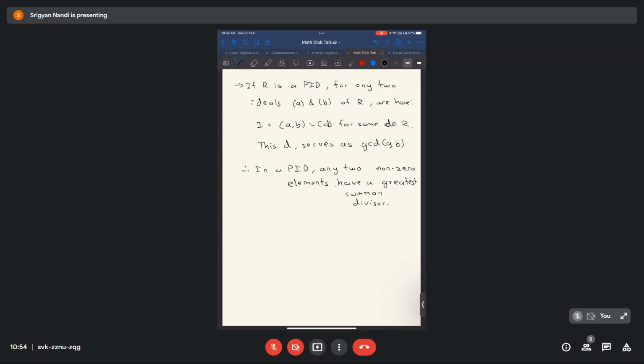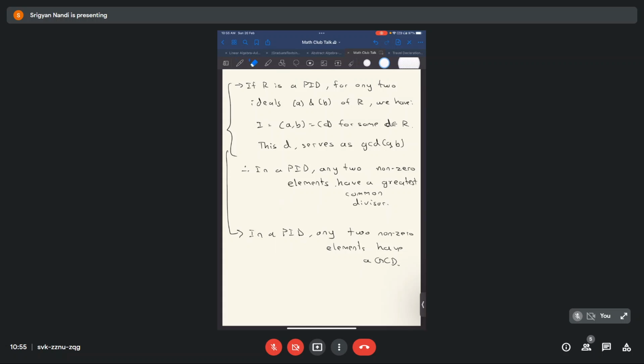So hence, we can conclude that in a PID, any two non-zero elements have a GCD. So this is a very nice result. In fact, there is a much greater generalization of such integral domains in which any two elements have a GCD, and they are very aptly called GCD domains, but we will not be getting into them.